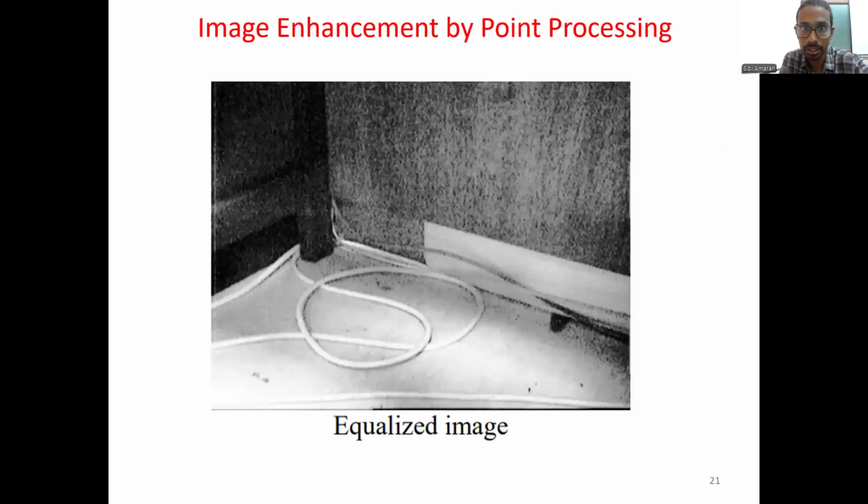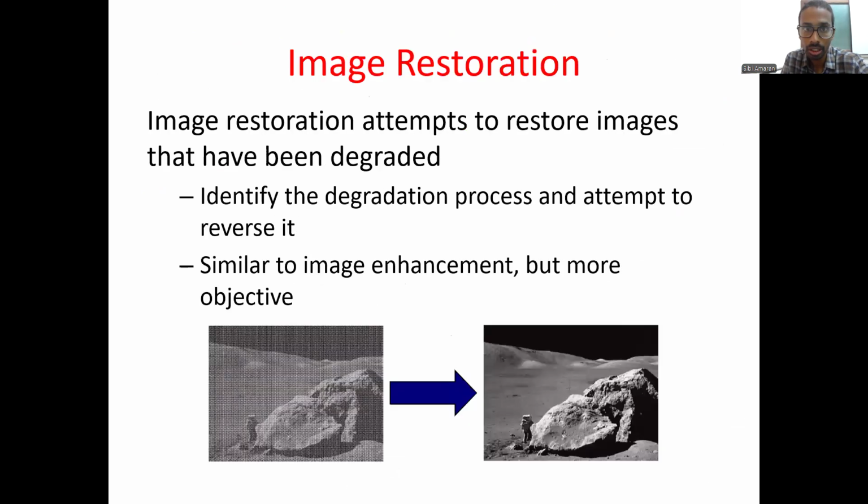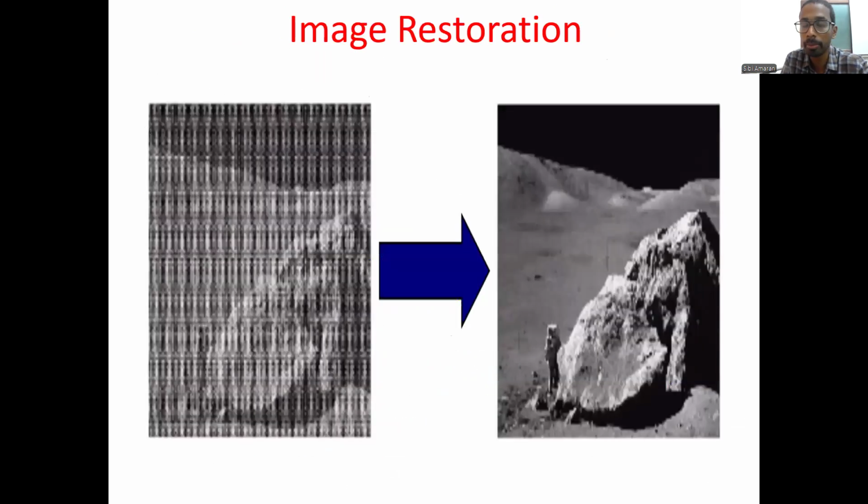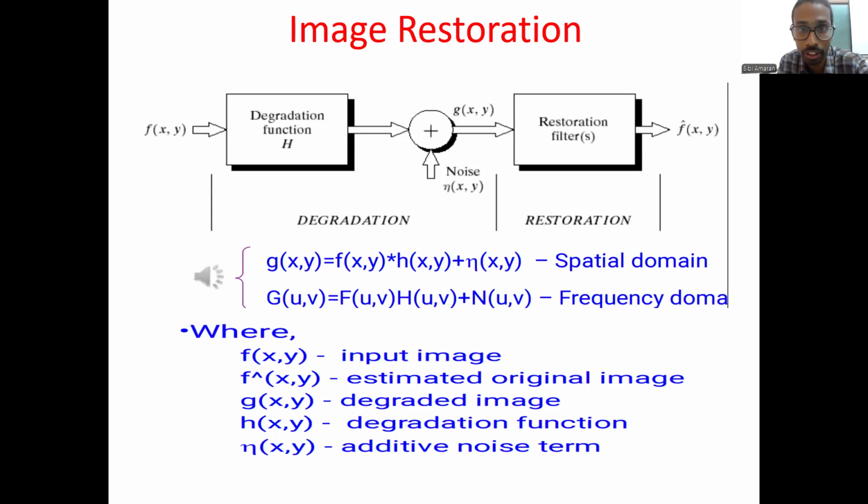But for this, you have to remember three things. This is the input f of x comma y. The quality is not good, so I'm going to degrade this function. For the degraded function, we'll be using g of x comma y. This will be the final output, and the final output value will be f hat of x comma y.